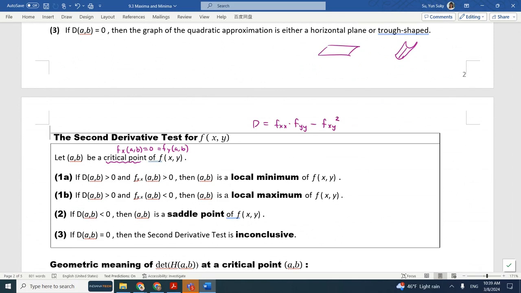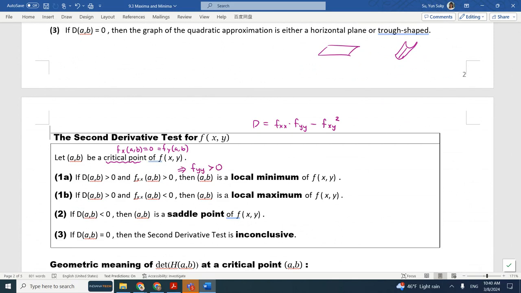So if D is positive, think about it. This guy is positive, which means your first term is bigger. Your first term must also be positive. So if D is positive and fxx is positive, this will imply fyy is also positive. Does this make sense?